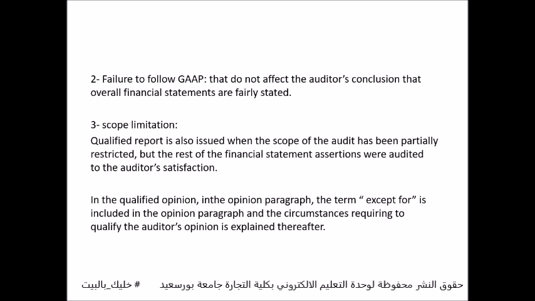So, in the opinion paragraph, when the auditor issues a qualified opinion, we will include the term "except for." Then after this term, the circumstances requiring the qualification are explained.